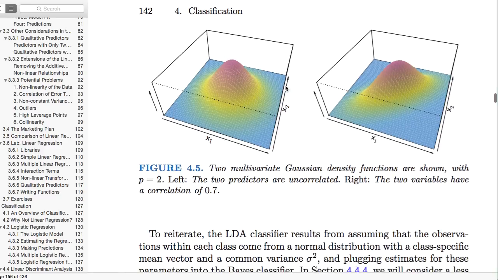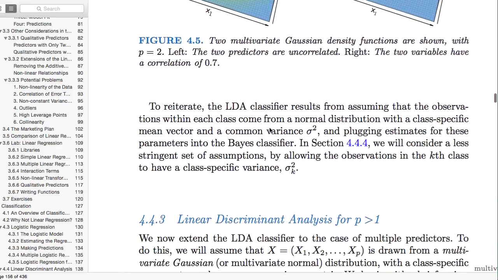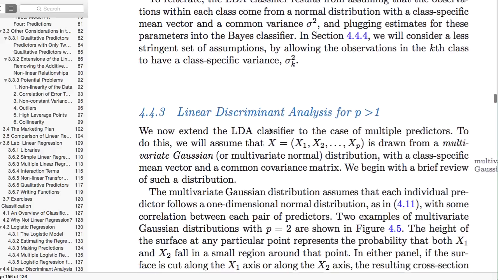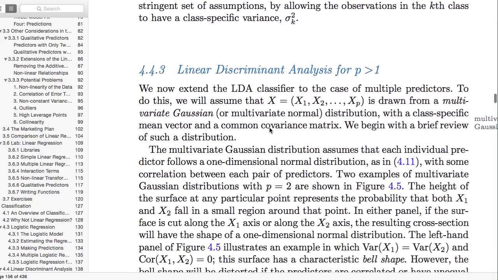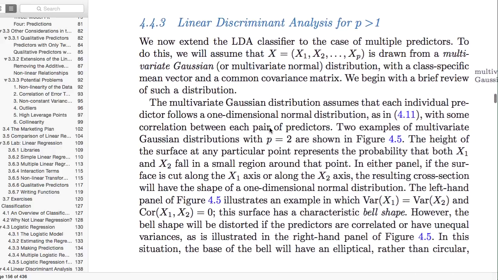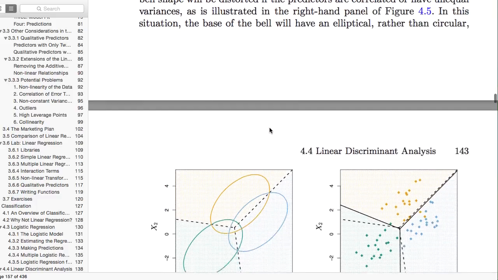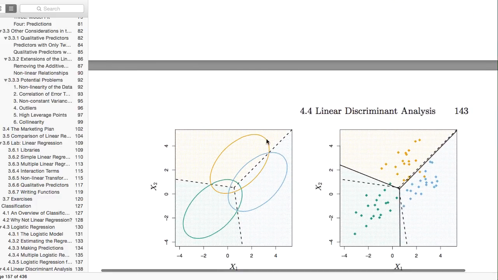Okay, so these are two very different situations, and that's quite important in the multivariate case. So here is, again, the oval shape pointing to the upper right-hand and lower left-hand corner.